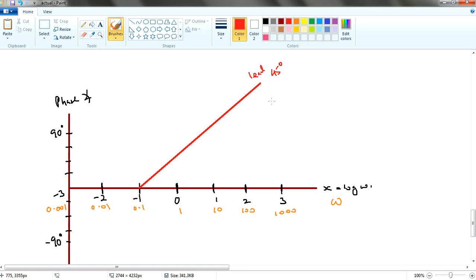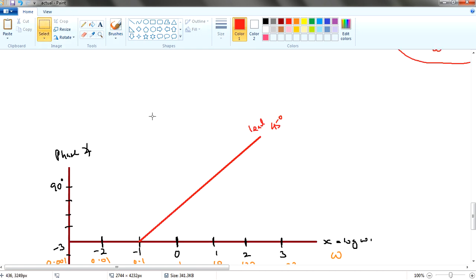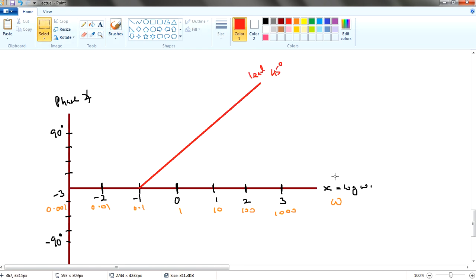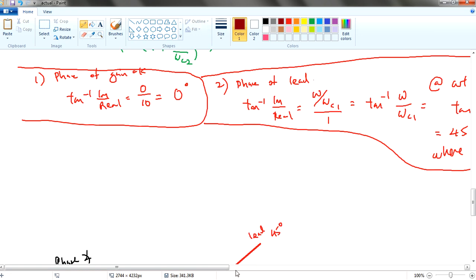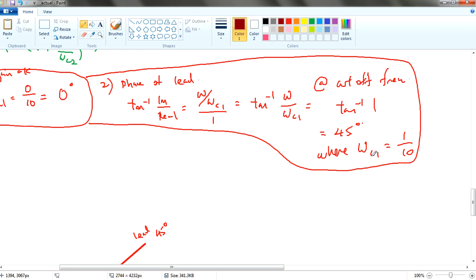Okay, and then I'm not done yet. This is actually wrong. Why is it wrong? For the phase plot, when you're plotting, you're not plotting at your cutoff frequency. You're plotting your cutoff frequency divided by 5.